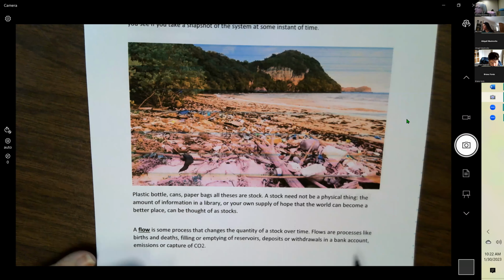One that we talk a lot about is the emissions of carbon dioxide. Filling, it could be water in a reservoir. It could be births and deaths. During COVID, I think it was 42 states that had a decrease in their population, which is the first time since they started recording population.